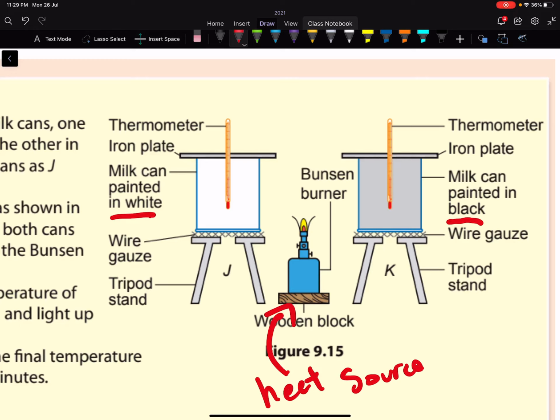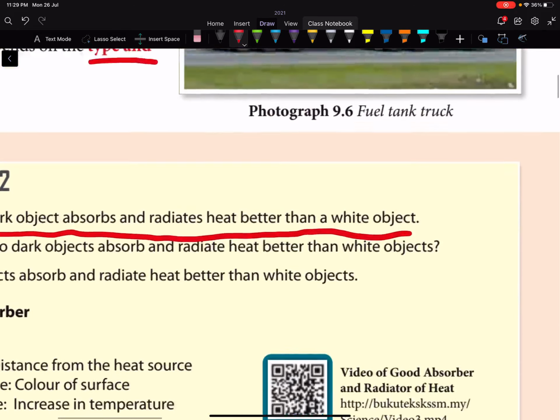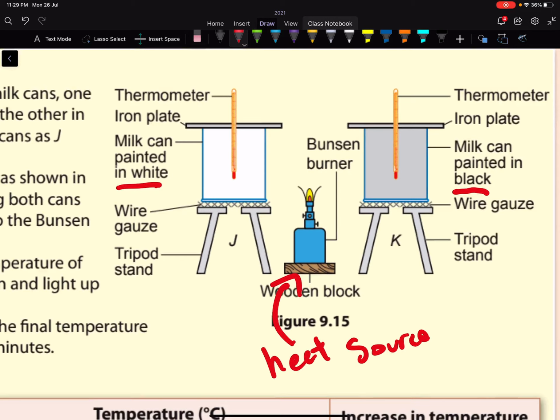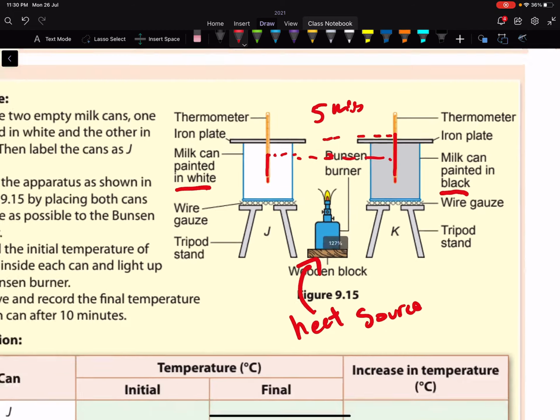From what we talked about previously, in theory, after leaving this on for, let's say for example, 5 minutes, this one will increase in temperature. The other one will also increase in temperature, but not as much. Alright?